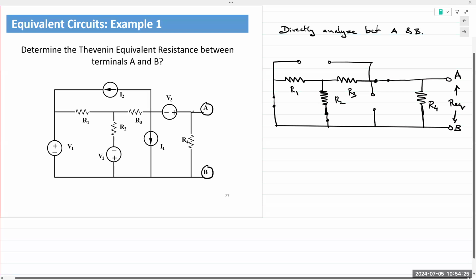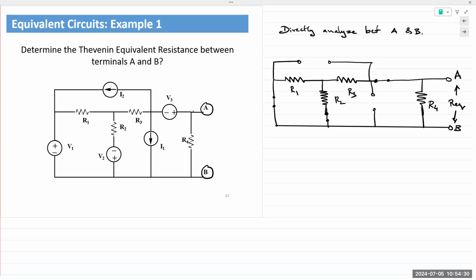And our job is to find REQ between A and B. But before we do that, let's take a 10-second pause. You think on the setup, and let me know if you have any questions.